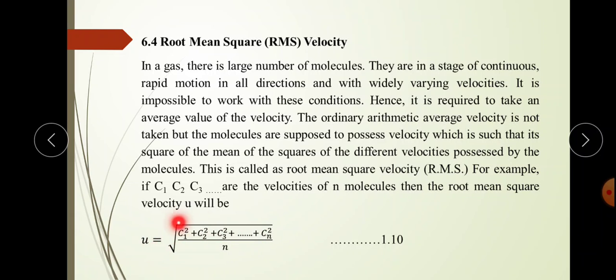So this is the square root. These are the various velocities of the n number of molecules. This is the average or mean, and C1 square, C2 square, C3 square, this is the square. This is the root mean square velocity. So U is nothing but the root mean square velocity.